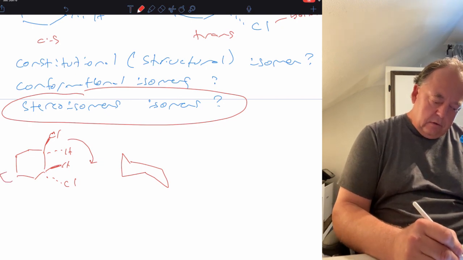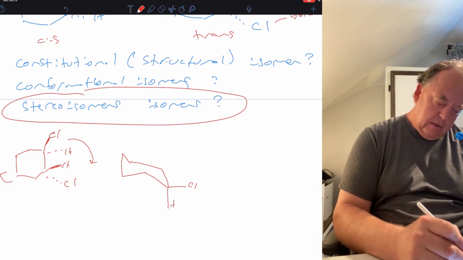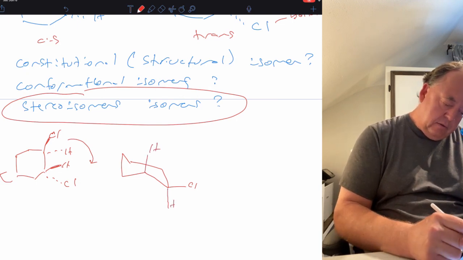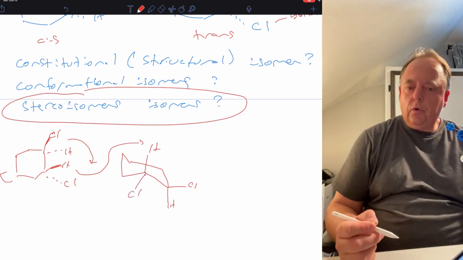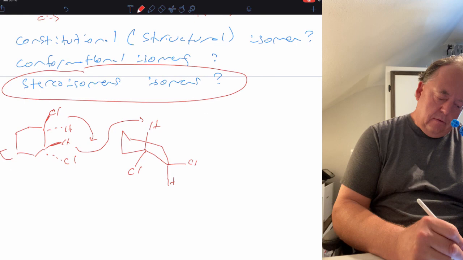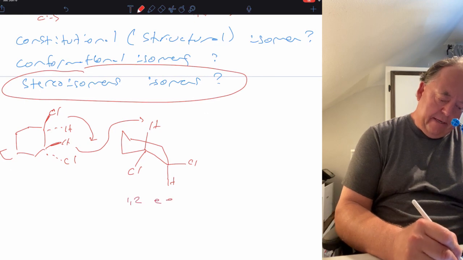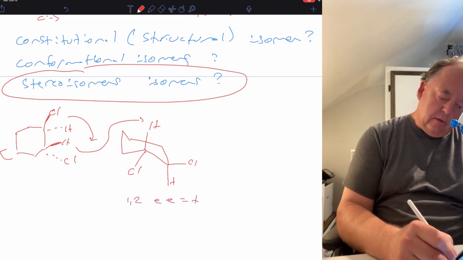If this carbon goes down, then that chlorine would go equatorial, and that hydrogen axial. And this hydrogen would go axial, and this chlorine would go equatorial. So they would be 1, 2, E, E, and that is trans.